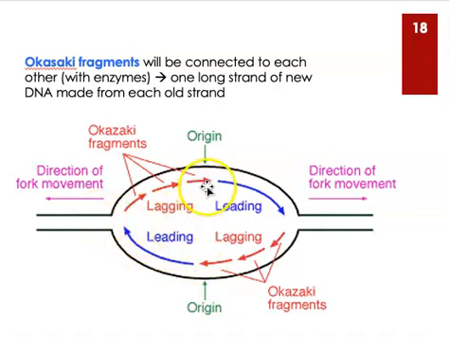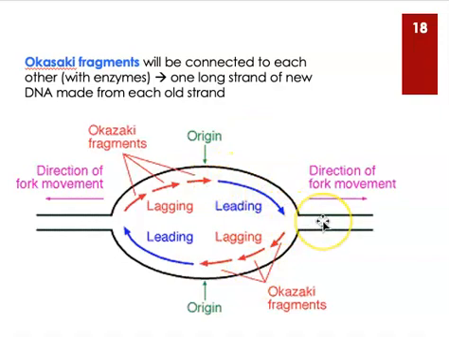Now, the reason that the enzyme is doing this in two different directions is because the old DNA is anti-parallel. Now, try not to get too swamped down in all these details, but one of these strands of DNA is oriented 5' to 3', the other one is oriented 3' to 5'. So that means, because we can only make DNA in one direction, on each of the old DNA strands, the enzyme has to work in different directions.